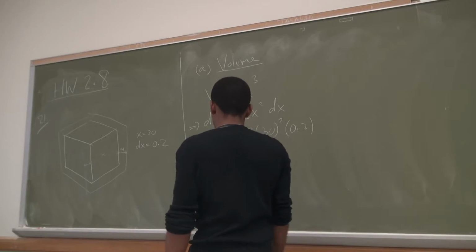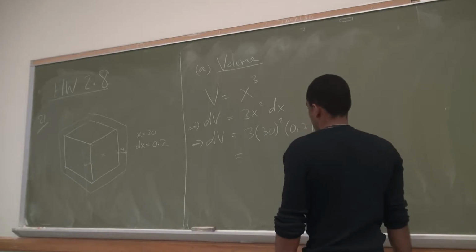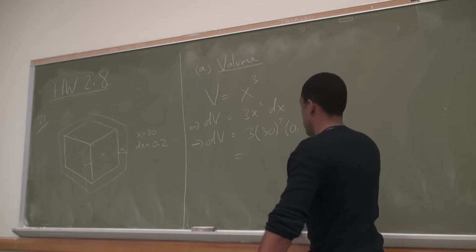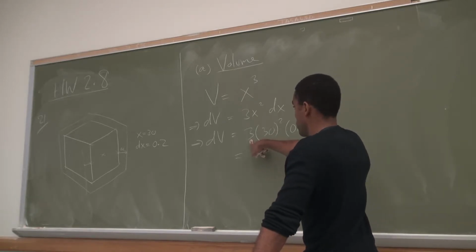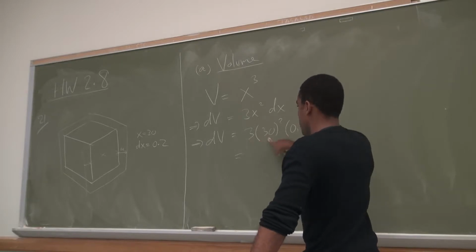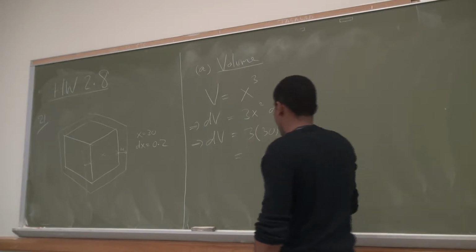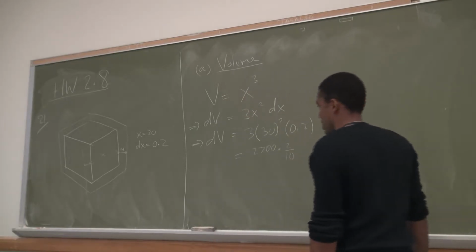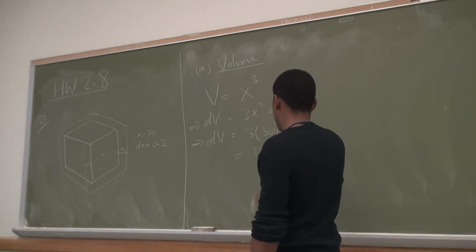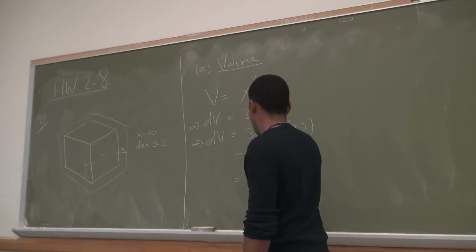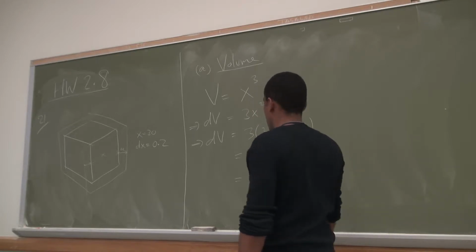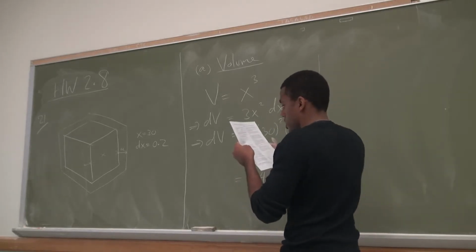And what's that? 900 times 3 is 2,700. So this is 2,700 times 2 over 10, right? Because that's 0.2. So the result is 540.